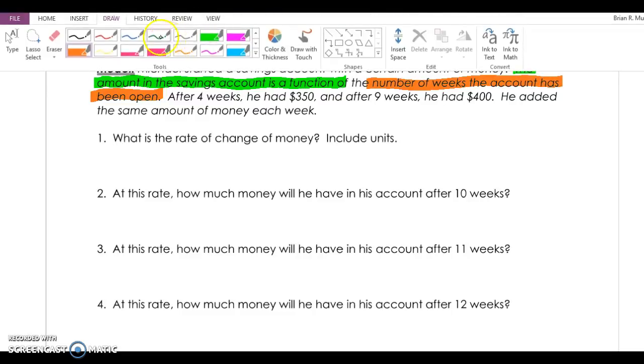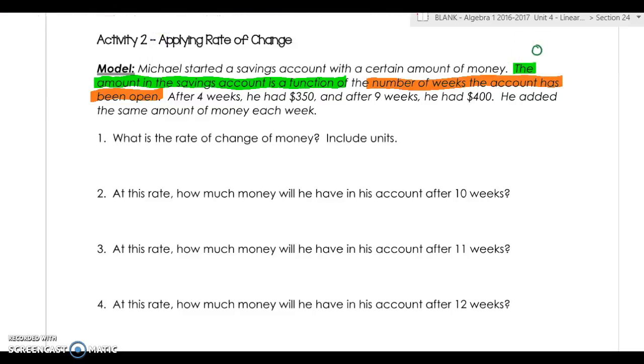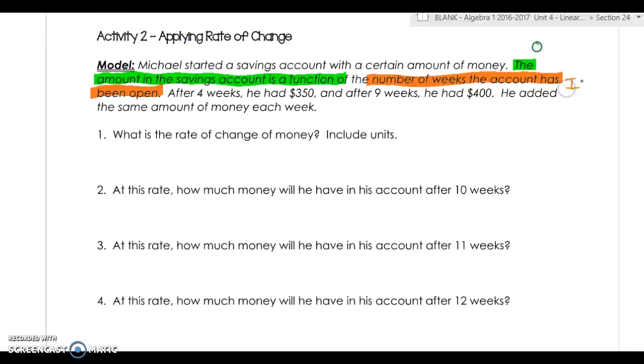So we're looking at, again, an output and an input. And we're going to, again, grab some ordered pairs if we can to help us out. Again, we know that the input is the number of weeks, that's our domain. The output is the amount in the account, that's our range.